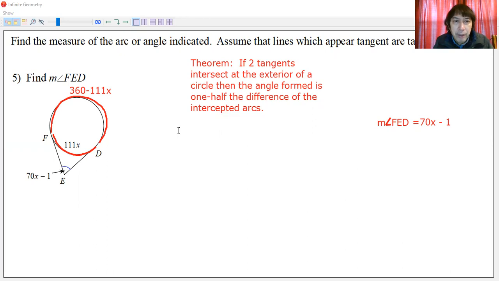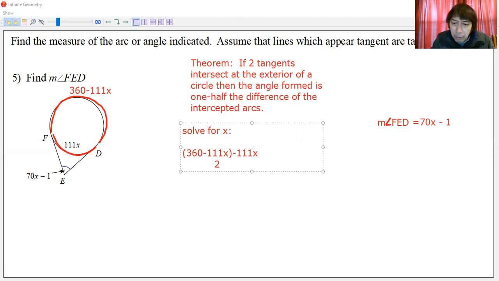It's the bigger arc, solving for x first. We have 360, the bigger arc, minus 111x, the smaller arc. Then we divide this by 2.